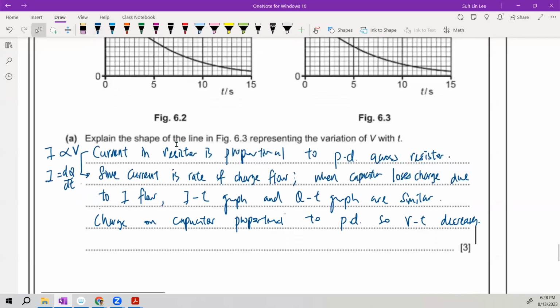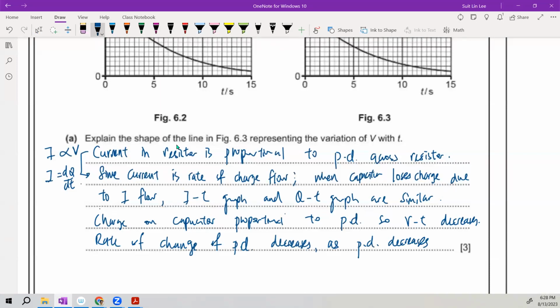Or the VT graph shows a decreasing trend. So say the rate of change of the potential difference decreases as the potential difference decreases.